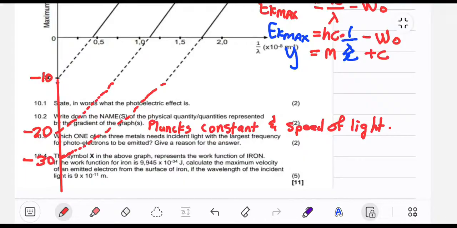So which one is going to have a greater threshold frequency? Greater threshold frequency means a greater work function, because these things are directly proportional. Remember, removing the negative sign gives the work function. So between 10, 20, 30, which one is greater?